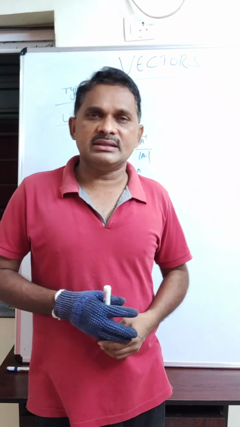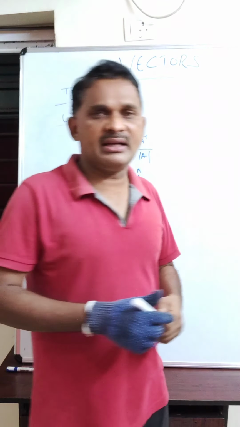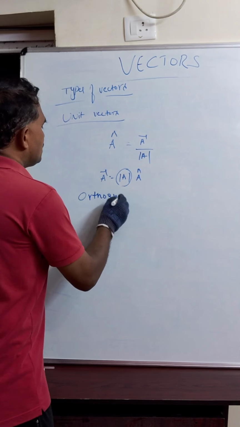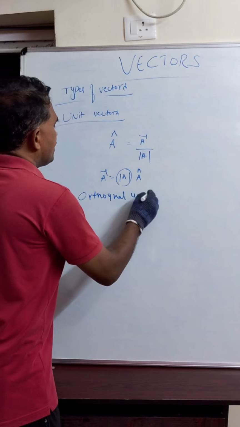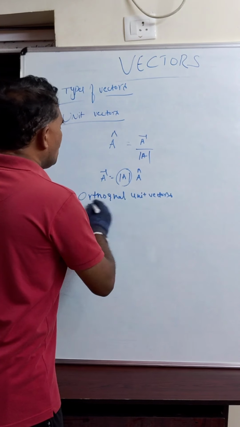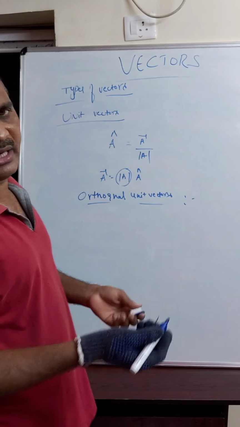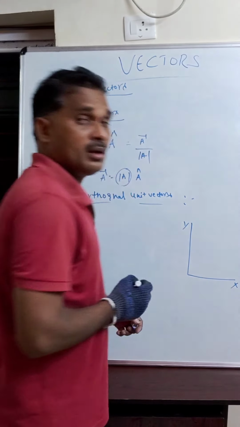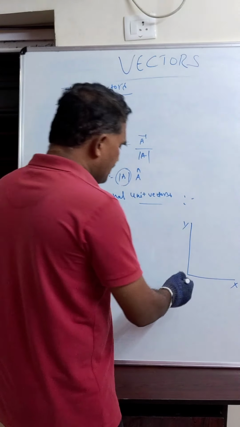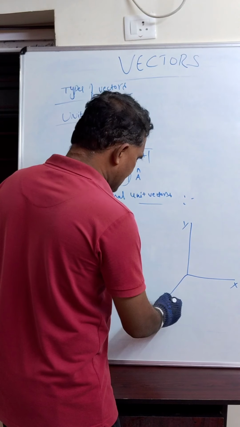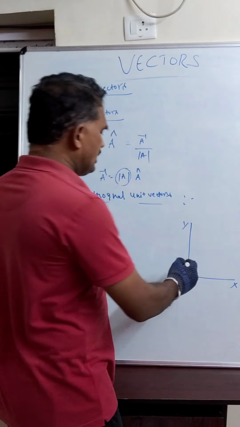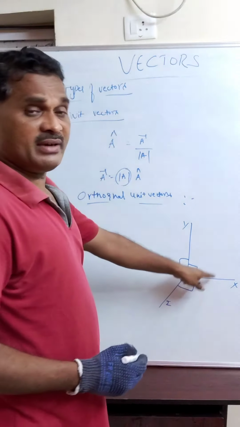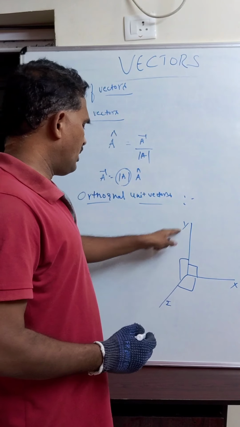In unit vectors, we have another type, called orthogonal unit vectors. Orthogonal means perpendicular, 90 degrees. Suppose it is an xy plane. This is x and this is y. Then we take another axis, this is z. All these are perpendicular to each other: x and y, y and z, z and x.